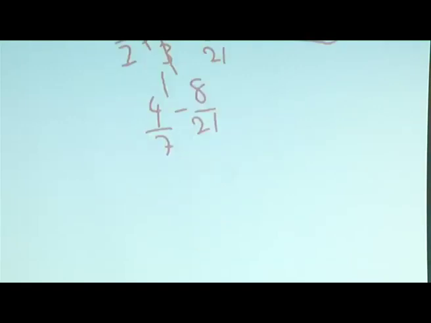We know that 21 is a multiple of 7, which means if you are looking for the LCM of the denominators, you are going to get 21. 7 into 21 is 3, times 4, and 21 into 21 is 1, times 8.